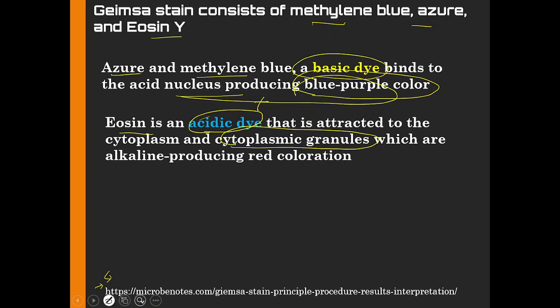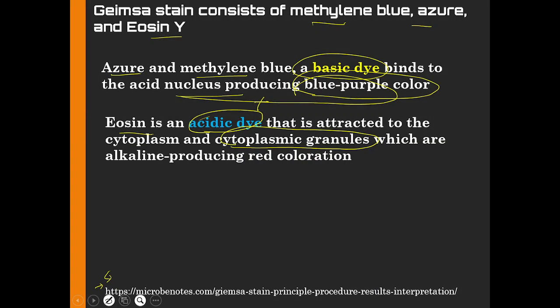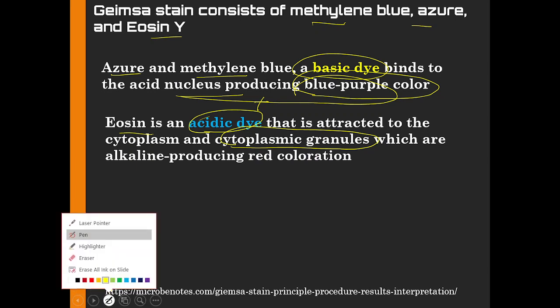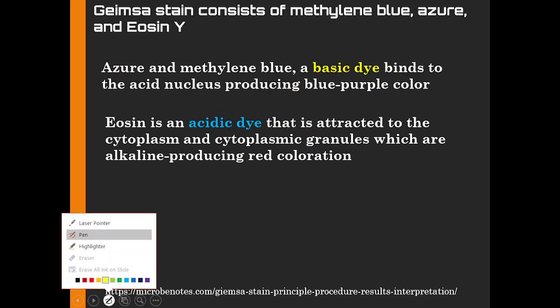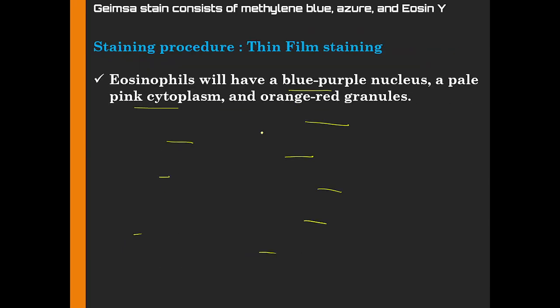Let me show you once more. So if it is a basic dye, it will appear bluish purple in color, but the cytoplasm, because of the eosin present in the Giemsa, will be preferentially stained pink to red in color.